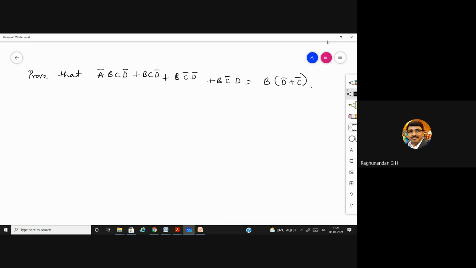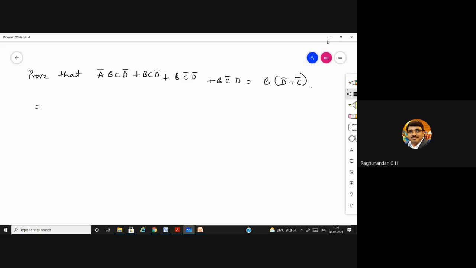Sometimes in the simplification process, a single problem can have two or three varieties of answers. All three are correct, but if they have asked you to prove some end result, then you have to show that result only. You have to keep on simplifying the equation until you get this equation.